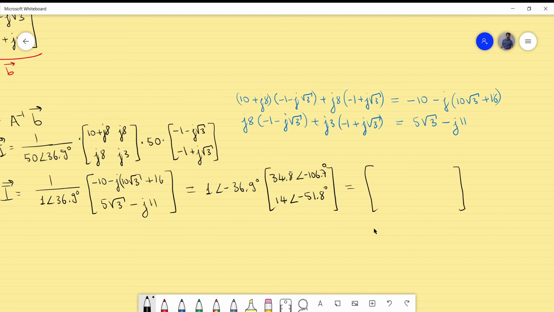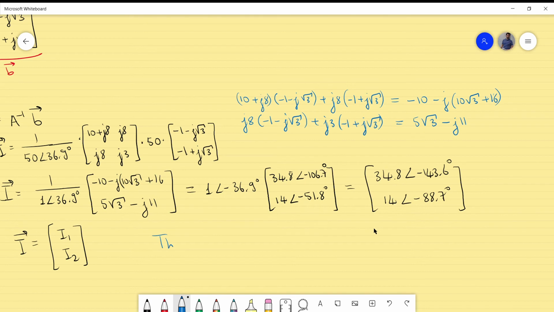So that will leave us with this one: 34.8, phase minus 143.6 degrees, and the other one will be 14 with a phase of minus 88.7. And this means actually the following: since the vector I has the elements I1 and I2, which are the mesh currents, I can say the following.